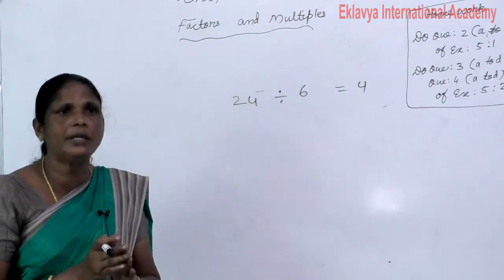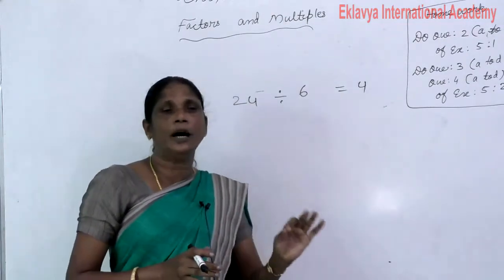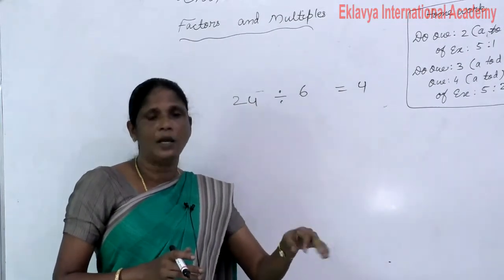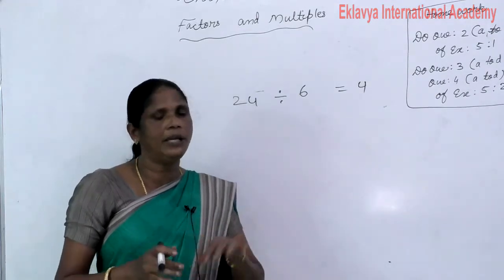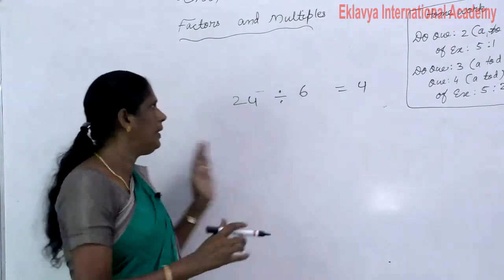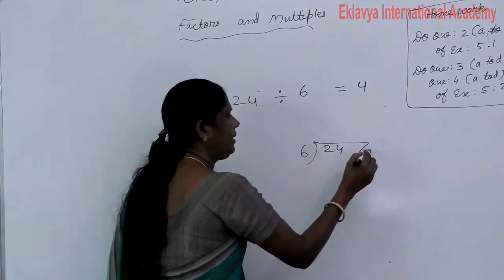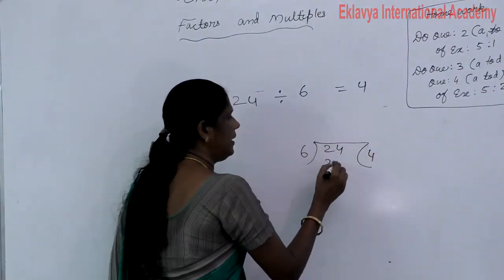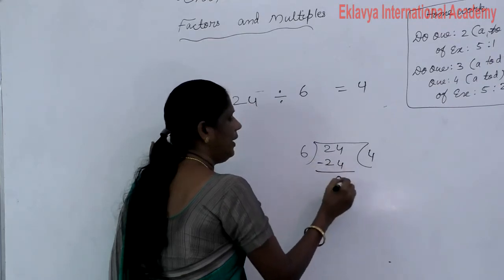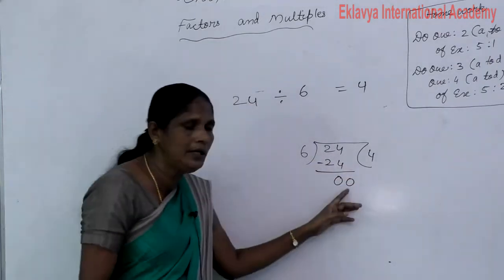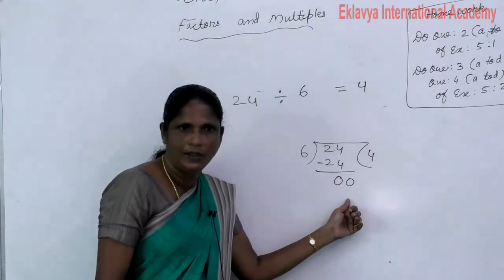A factor is a number that we divide without leaving any remainder. This number we divide. How many times gone? 4 times, then 24, 0. Here the remainder is 0.